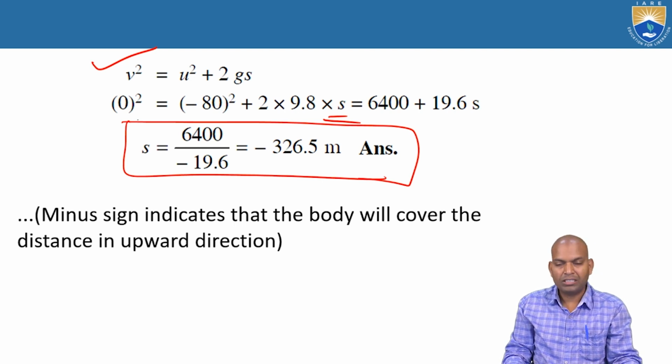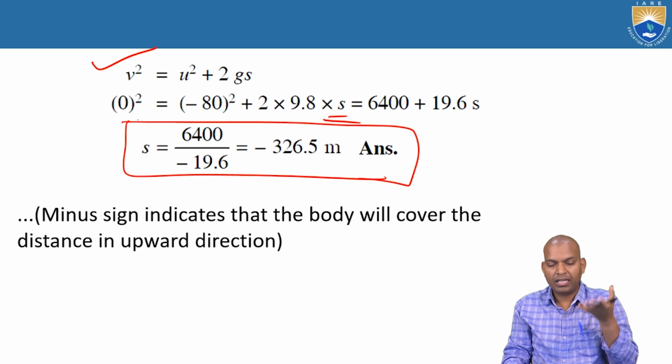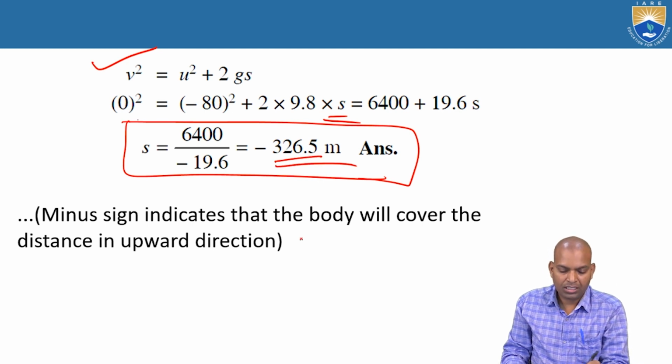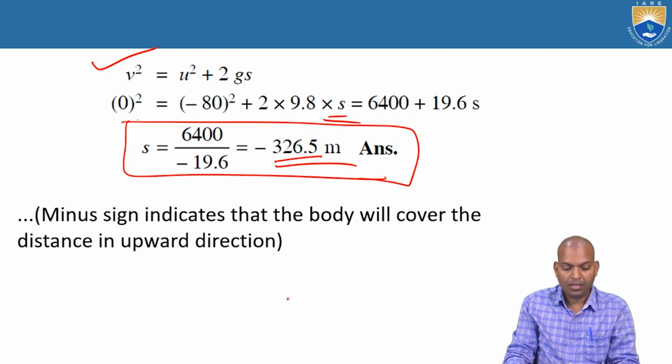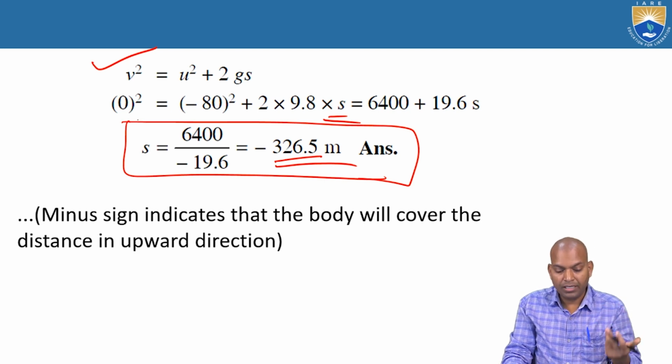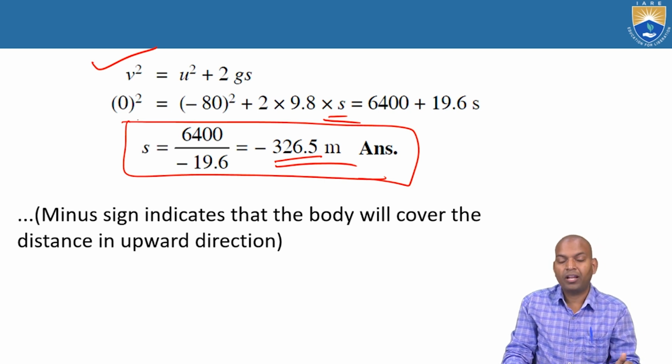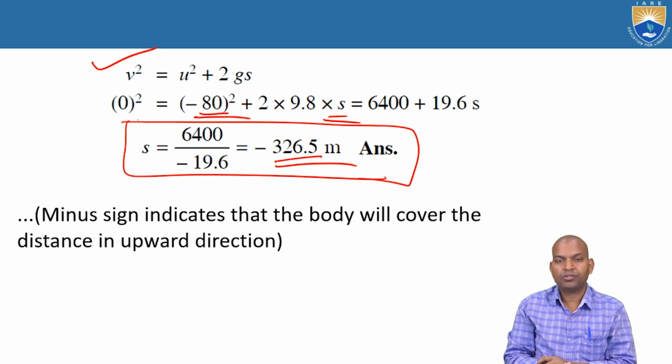So again, what is the distance? The distance is in the upward direction, that's why it's a negative sign. That is 326.5 meters, because the velocity is high; the initial velocity is 80 meters per second. So the distance traveled by the body in the upward direction is based on the value of the initial velocity.